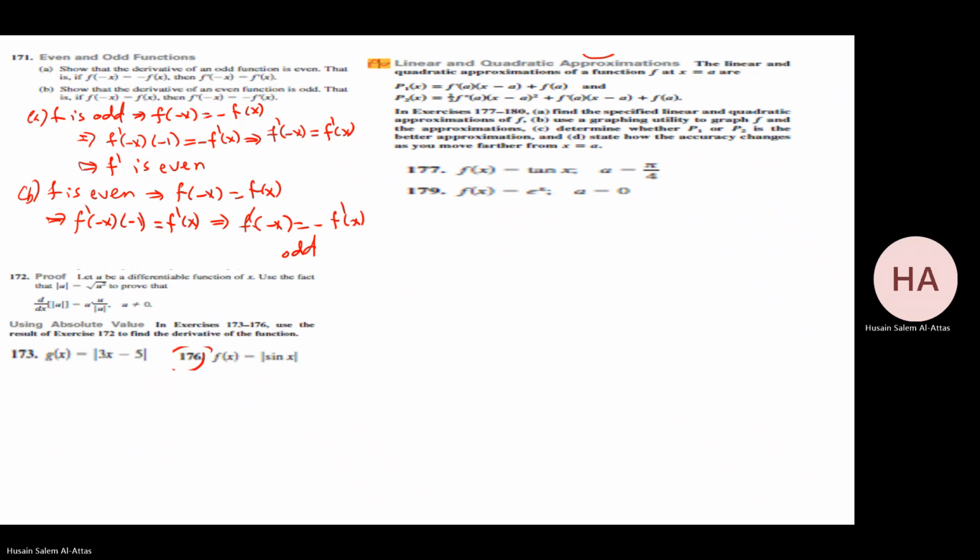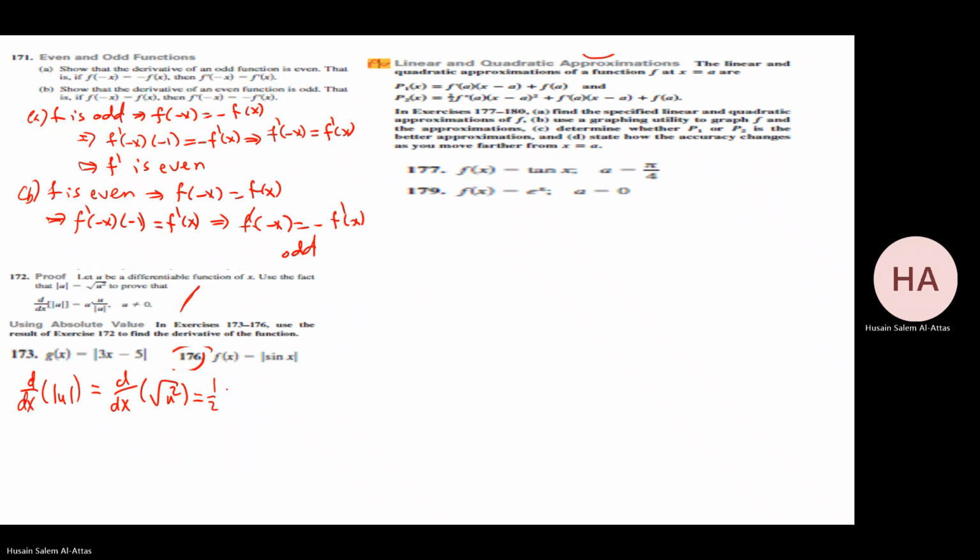Now, this one about the absolute value, how to make the formula, how to find the derivative of the absolute value of u. The idea is very simple. You will make the absolute value of u the square root of u squared and do the derivative with the chain rule. That will be what?